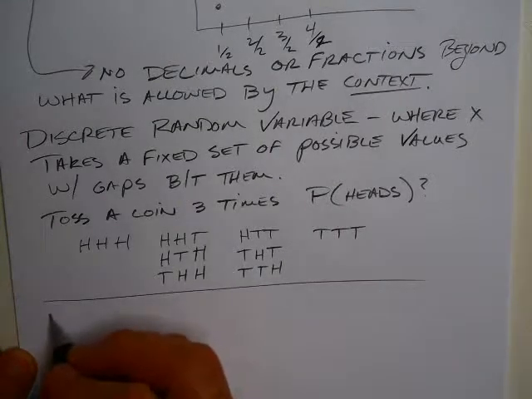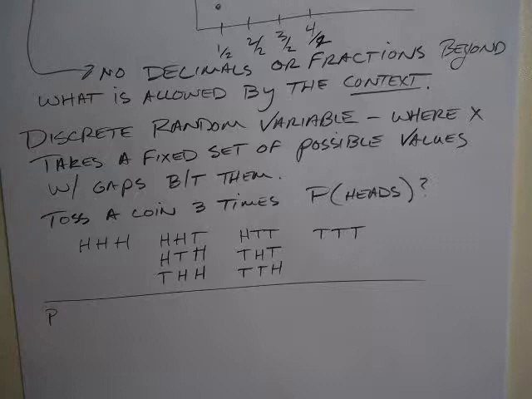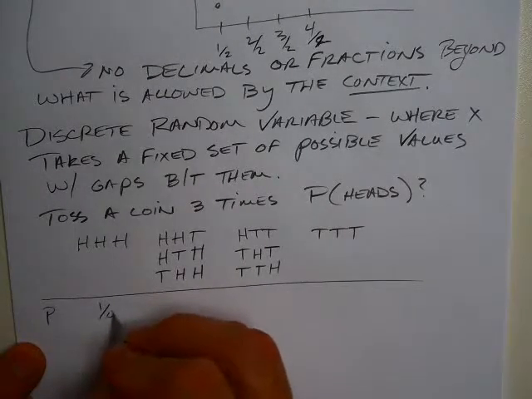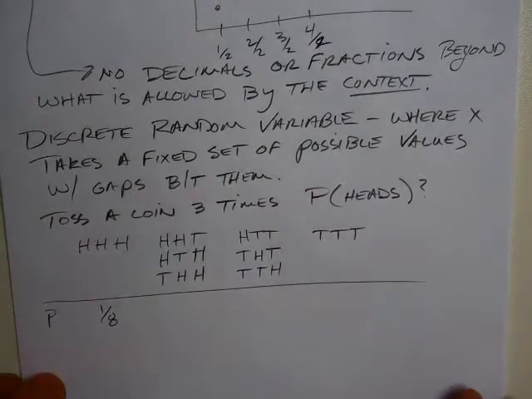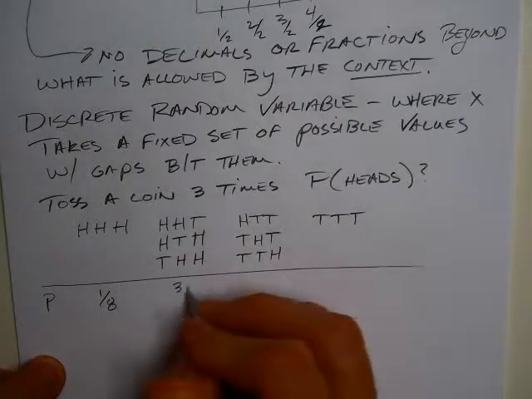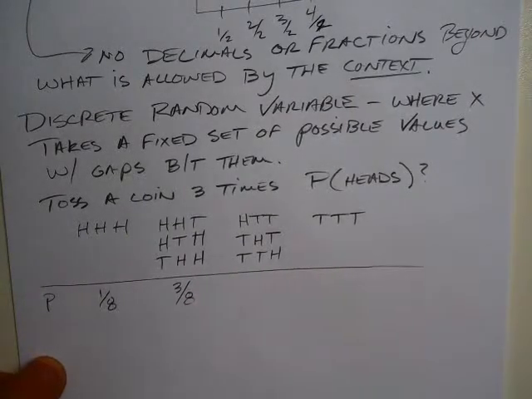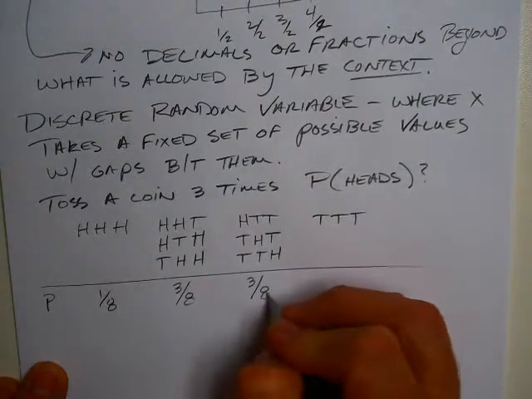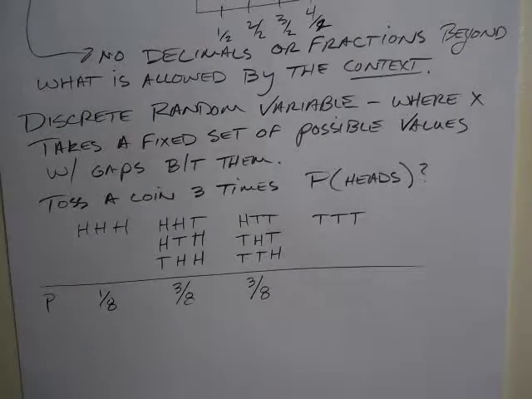So what are the probabilities? Well, it turns out that there's 8 ways that I can flip 3 coins and get a response. So 1 in 8 flips, I can expect 3 heads in a row. 3 in 8, I can expect to get 2 heads. 3 in 8, I can expect to get 1 head.